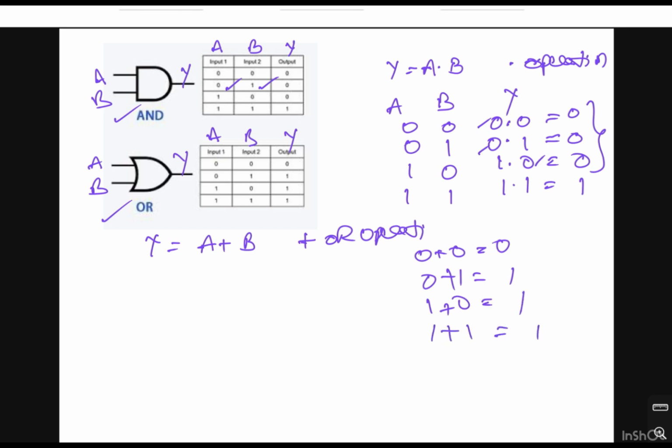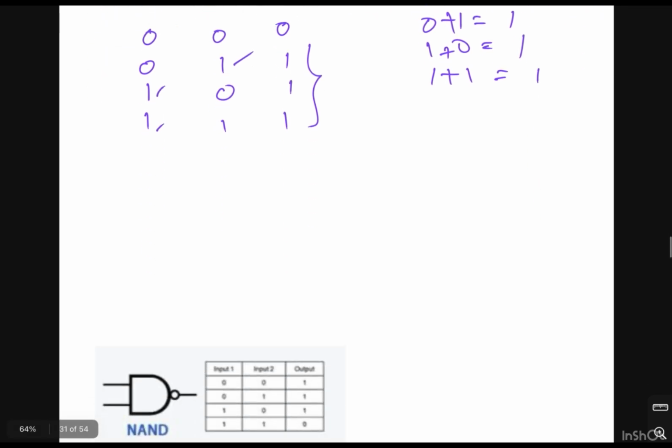In the truth table, 0 0 gives output 0, 0 1 gives 1, 1 0 gives 1, 1 1 gives 1. So if any one of the inputs is 1, the output is 1 in an OR gate.